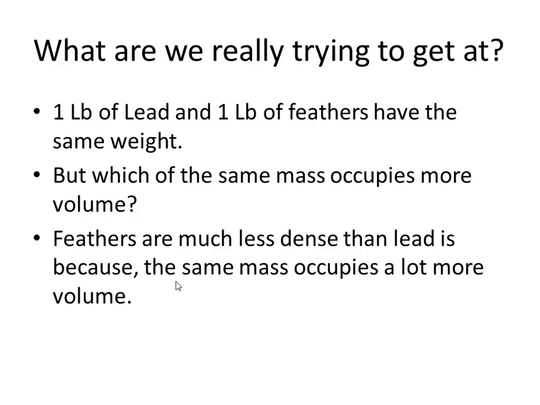All right. So, we just talked about this. What we say is feathers are less dense because the same mass occupies more volume. And we talked about Archimedes' principle and how he was trying to determine if the crown was silver or gold.